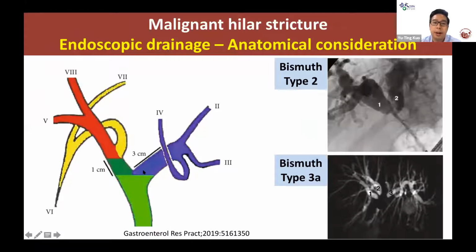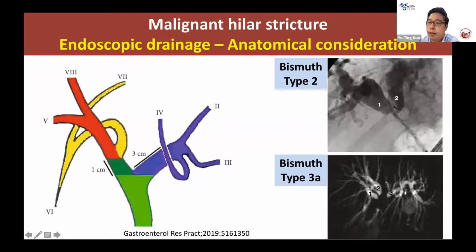So this is why, in a hilar cholangiocarcinoma, the right branch is easier to approach compared to the left side. So preoperative imaging is very important, whether ERCP or CT scan, before you perform the biliary drainage.